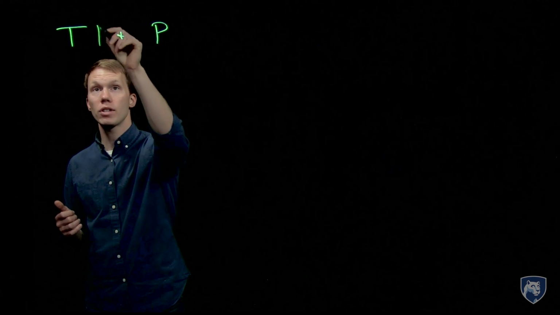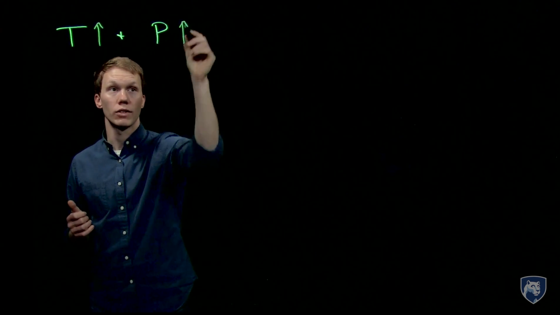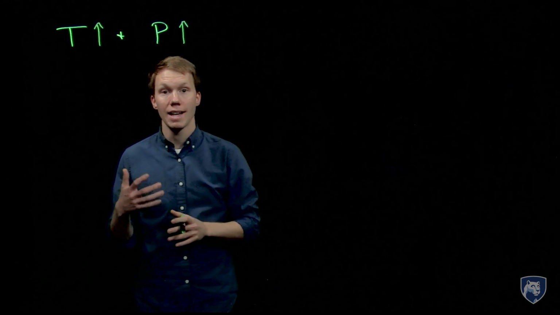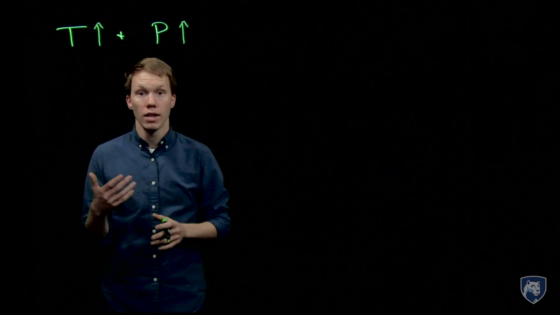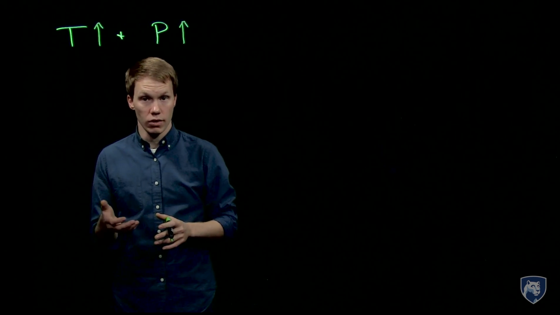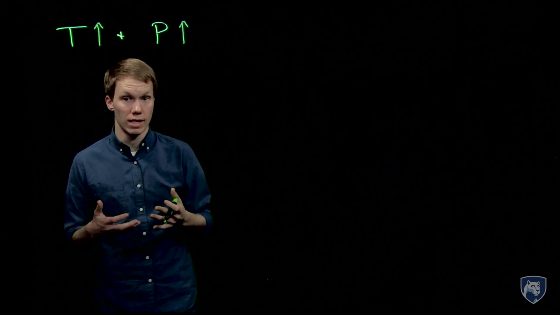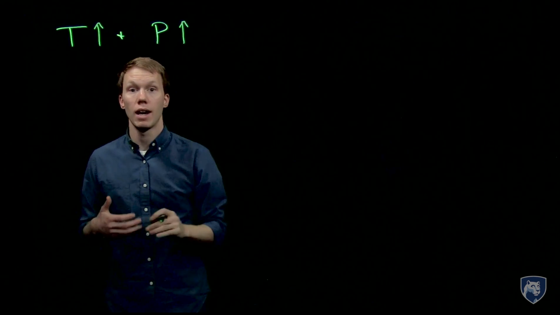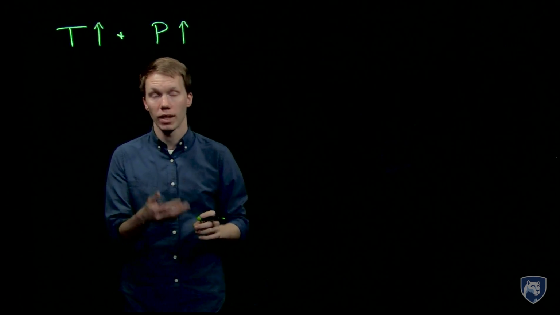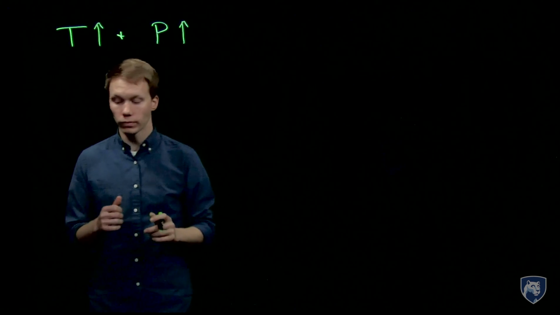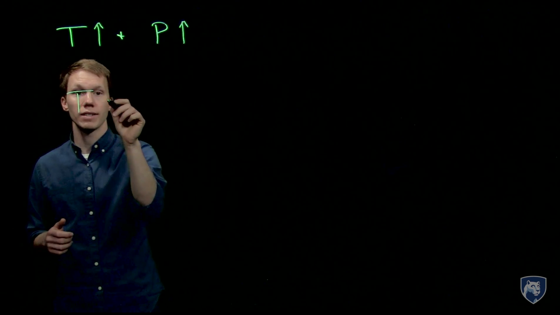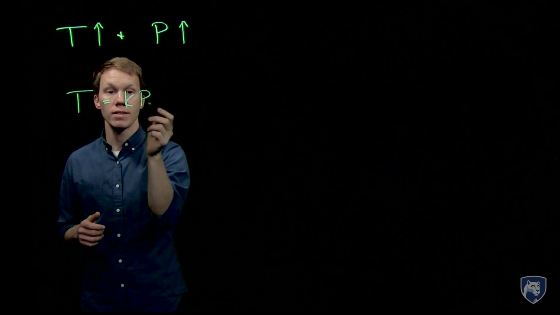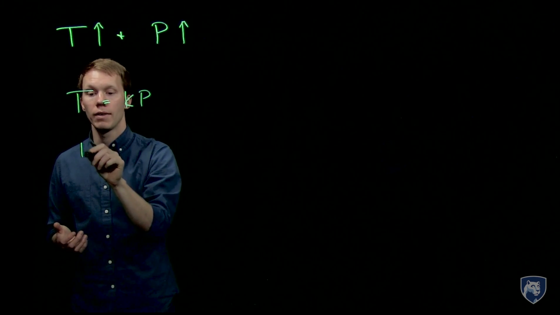Okay? So as the temperature increases, the pressure increases. Connecting this to KMT should make sense, right? As the temperature increases, the kinetic energy of the molecules is increasing. So the speeds are increasing, which is going to result in more forceful collisions, which will be causing a higher pressure. All right, so carrying out the same kind of process, temperature is equal to some constant times the pressure.